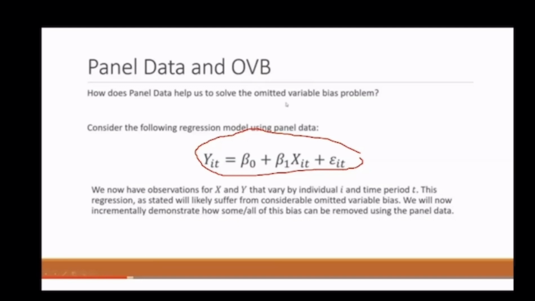Okay, and that was why I said we now have observations for X and Y that vary by individual i and time period t. Now, this regression, as stated, will likely suffer from considerable omitted variable bias. You know why it's going to suffer? Because there's a relationship between what is observed, the years of education, and variables that are not observed.